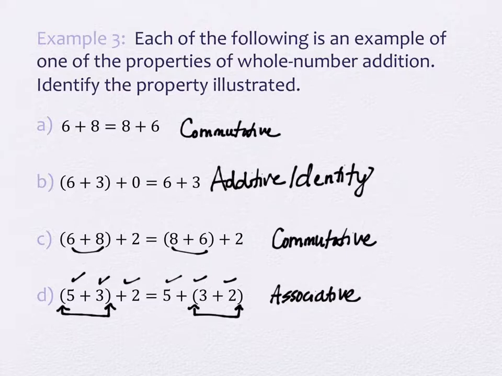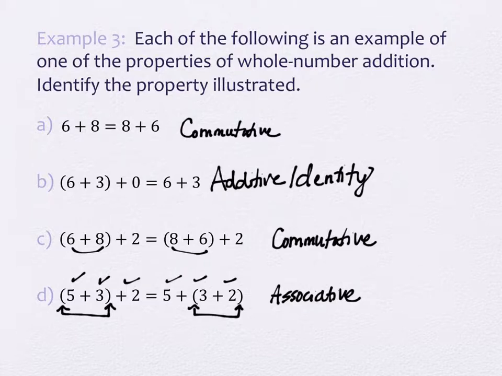Yes, Emily? If there was parentheses 5 plus 3 and then plus 2 on the left side, that's the same. And then you had in parentheses 3 plus 2 and then plus 5. Yes. Then it would be commutative, but it would not be associative, because the 3 and the 2 are still paired together.